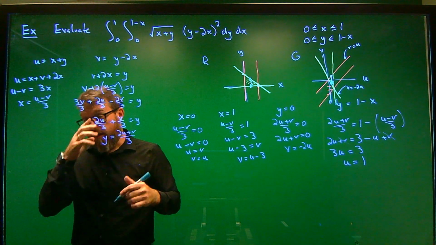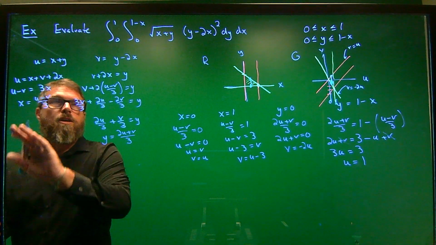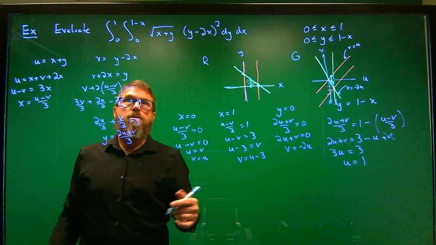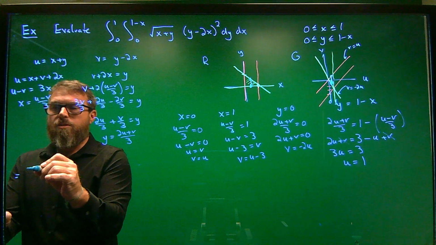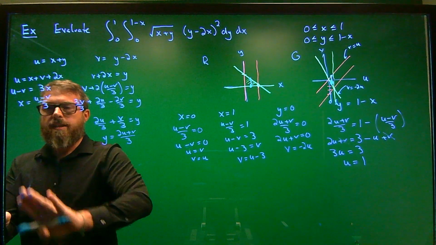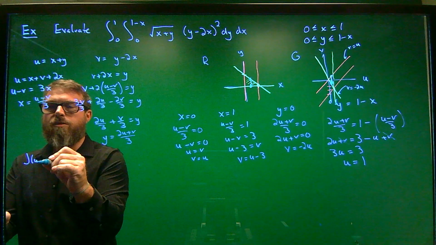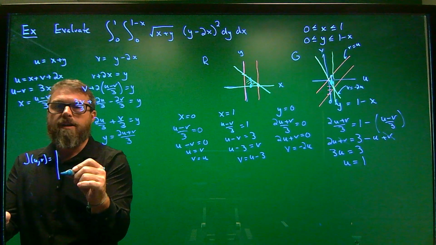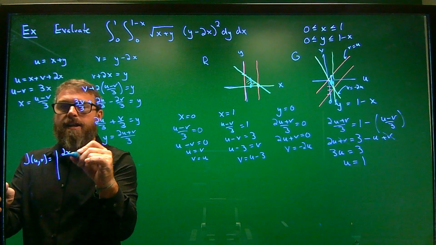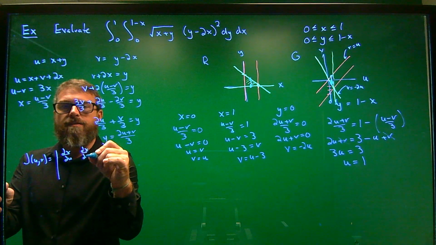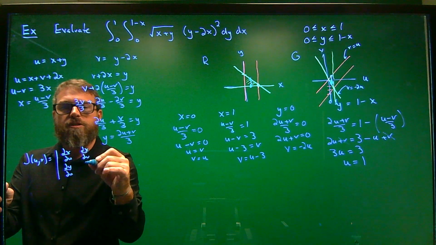All right, so now setting up our integration with the substitution, this is now going to be equal to the integral, but with the Jacobian. So the Jacobian of u comma v is going to be, remember, dx du, dx dv, dy du, dy dv.